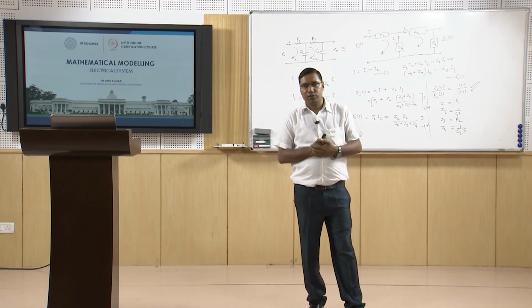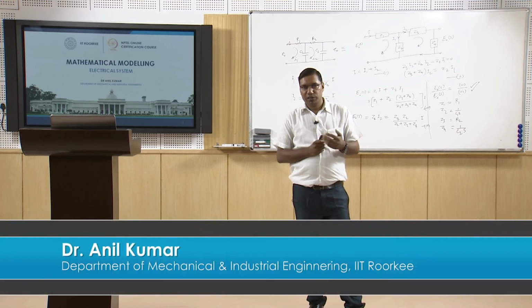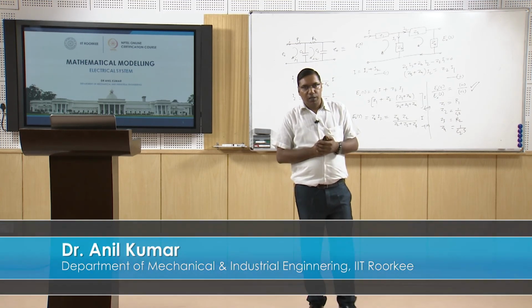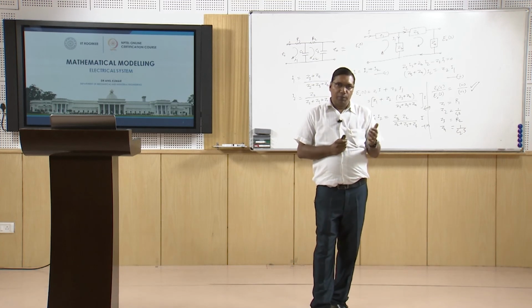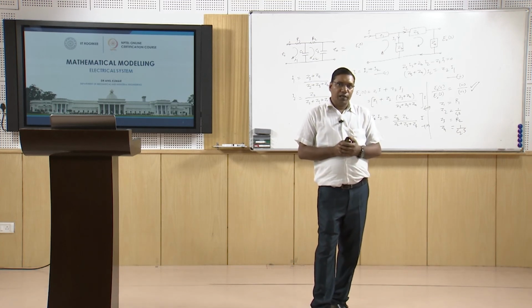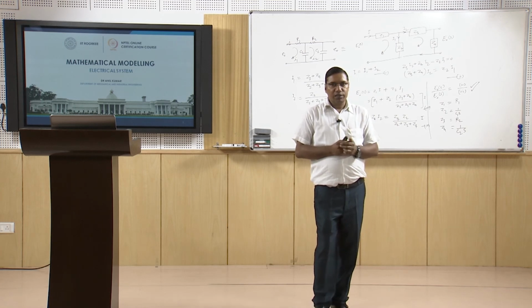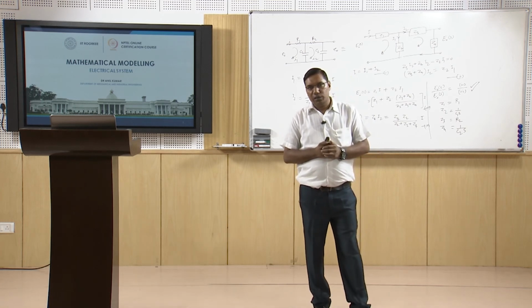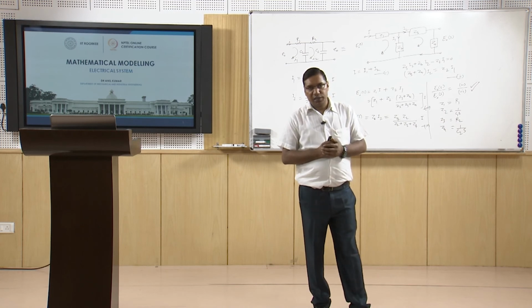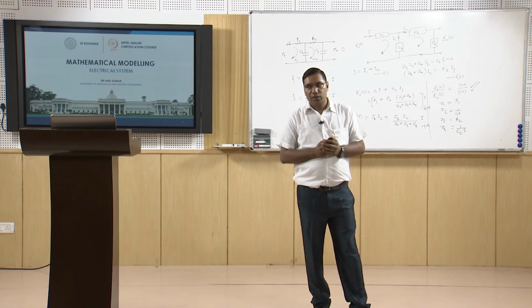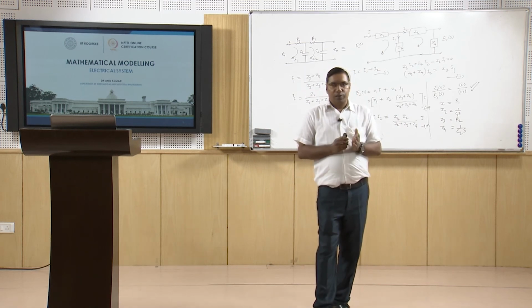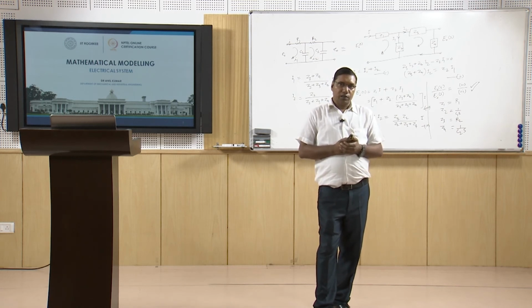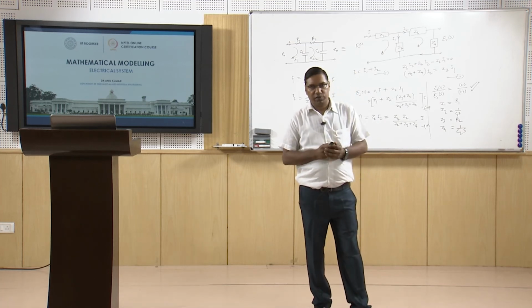First, we write differential equations using Kirchhoff's law, and then we find the transfer function by taking the Laplace transform of that equation. The second method is that we represent the circuit in terms of impedance, and we can directly apply these laws on the impedances, and we don't need to write the differential equations in this case. We can directly find the transfer function.